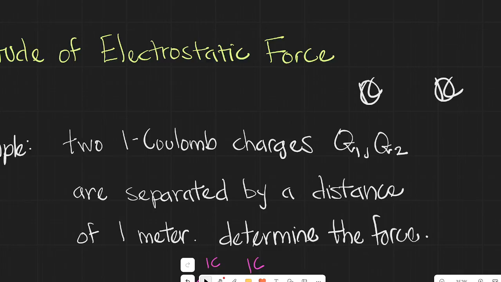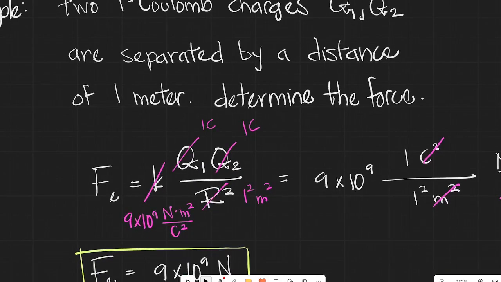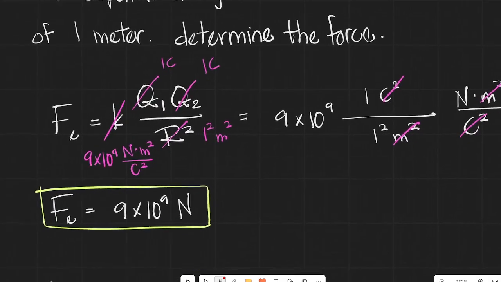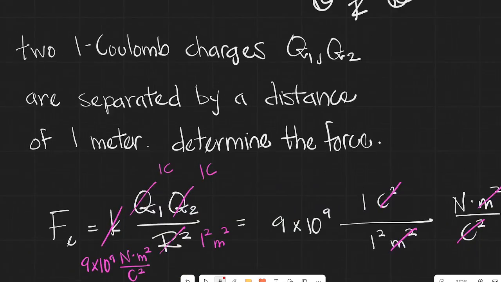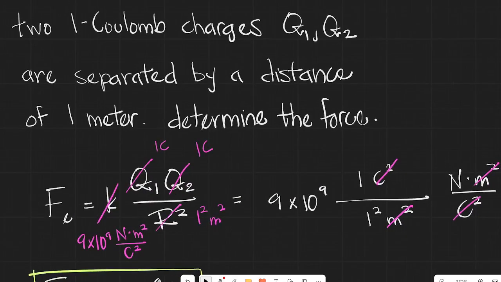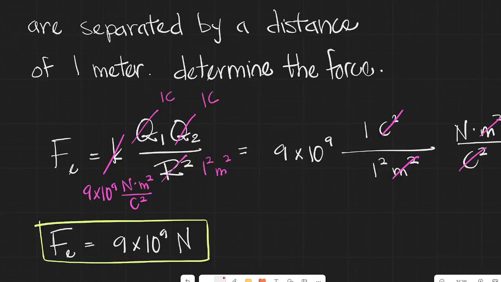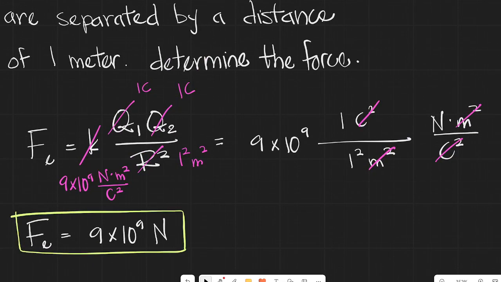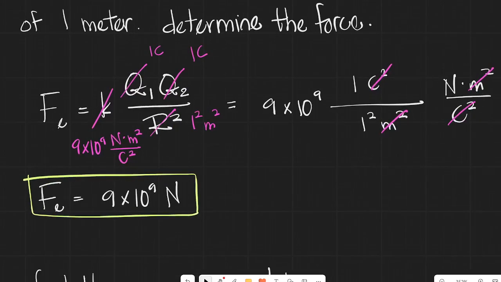It doesn't matter in this example. By just plugging in all these values, we see that two charges that are 1 coulomb apiece and only 1 meter apart result in a force of 9 times 10 to the 9 newtons.